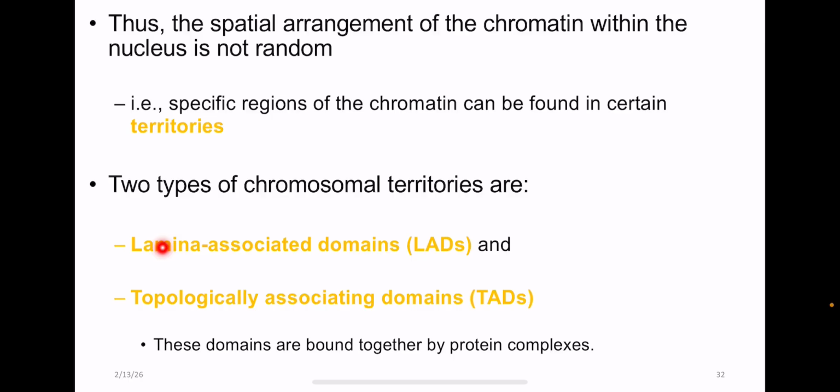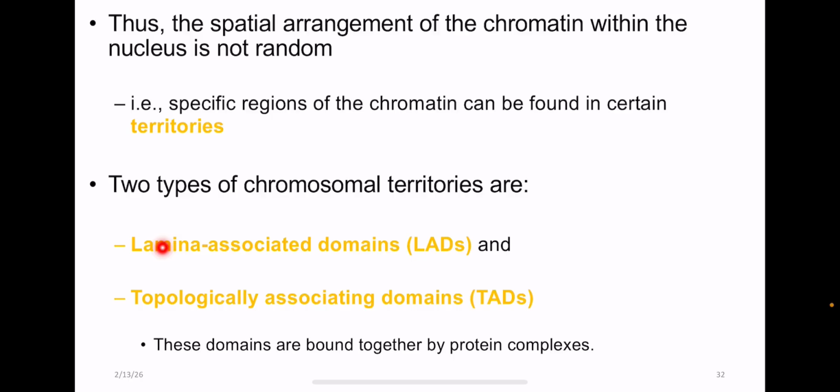Those that associate with the lamina are mostly heterochromatins. We come to the difference between euchromatins and heterochromatins, but for now you have to put in your head that those that associate with the nuclear lamina are more compact and less active, hence they are heterochromatins.